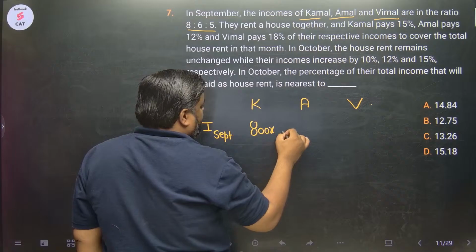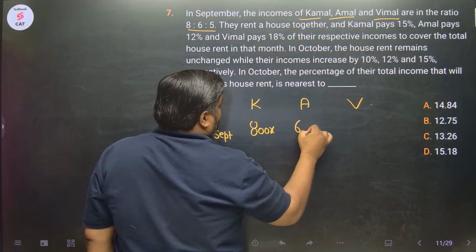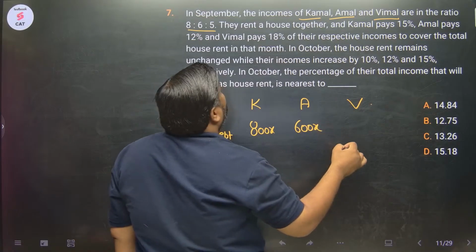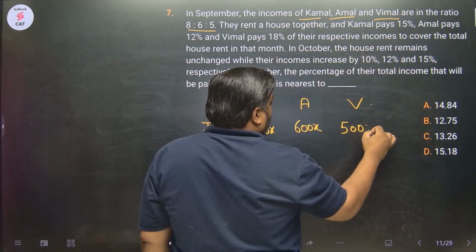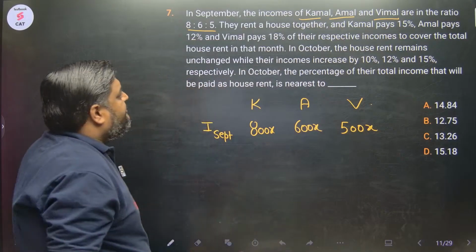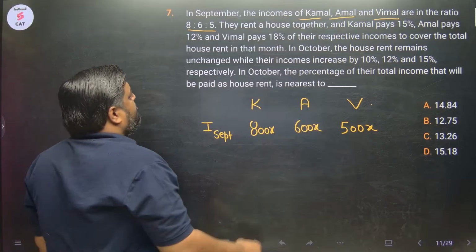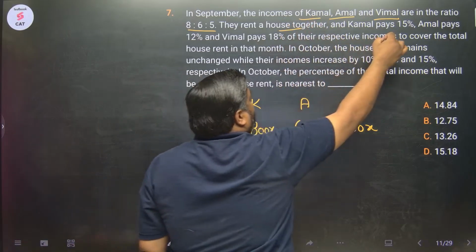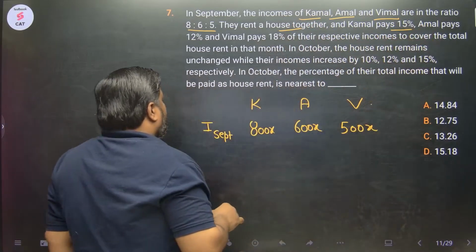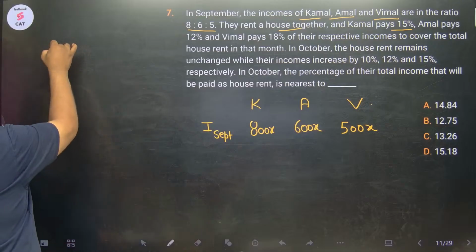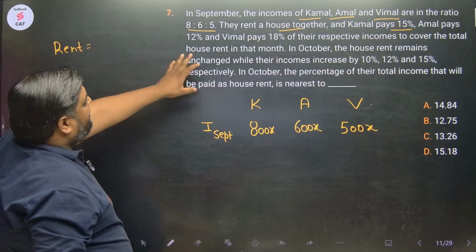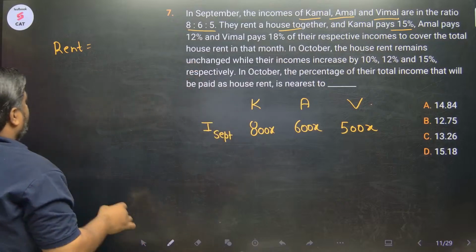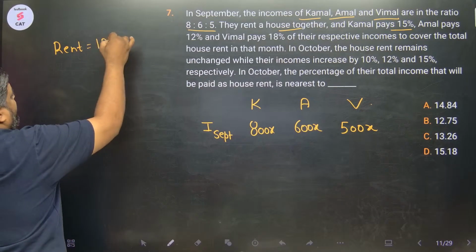800x, 600x and 500x. They rent a house together and Kamal pays 15%. So what is the rent? In the rent, Kamal pays 15%. 15% of 800x is 120x.